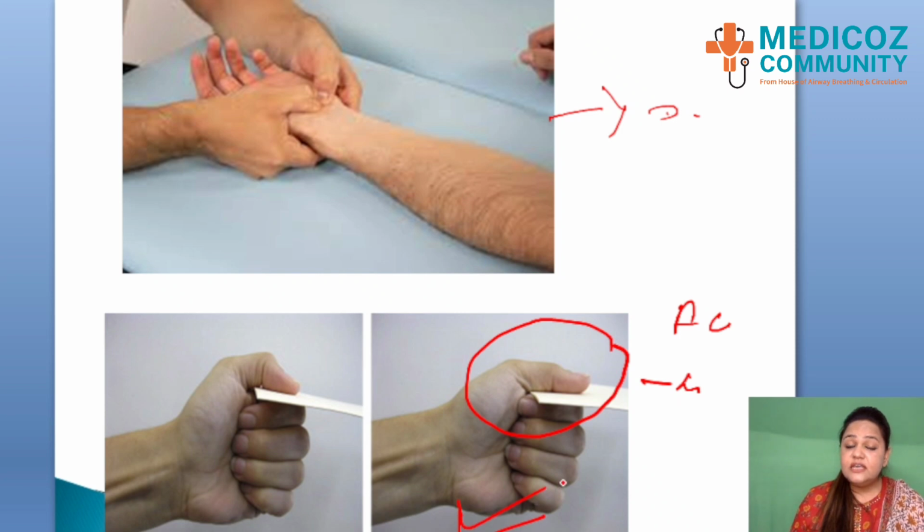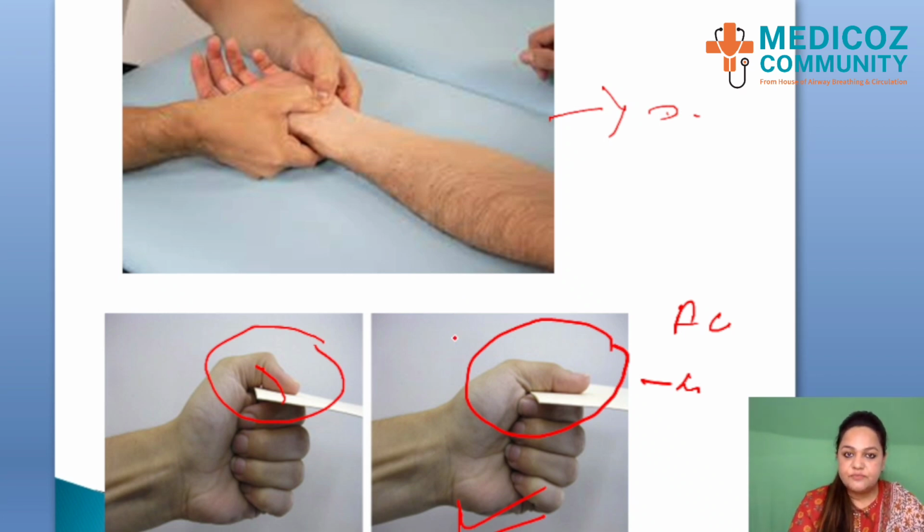So if the adductor pollicis muscle, which is supplied by the ulnar nerve, is working properly, then the patient will hold the card like this. Now if there is any problem with that muscle due to injury to the ulnar nerve, and you ask the patient to hold the card between the thumb and the index finger, the patient will hold the card, but he will do some trick movement. He will flex the interphalangeal joint of the thumb.